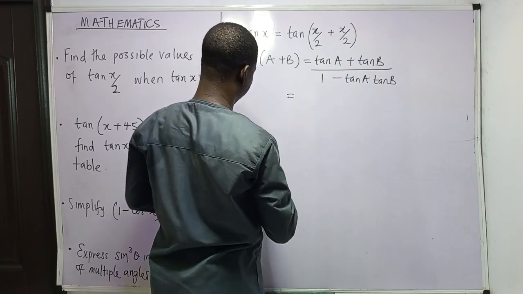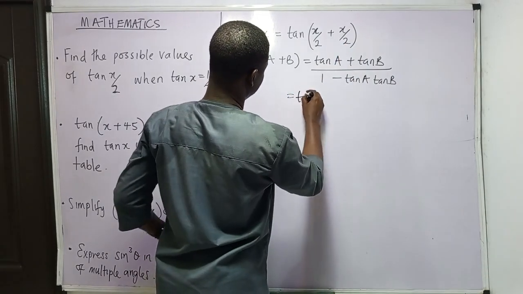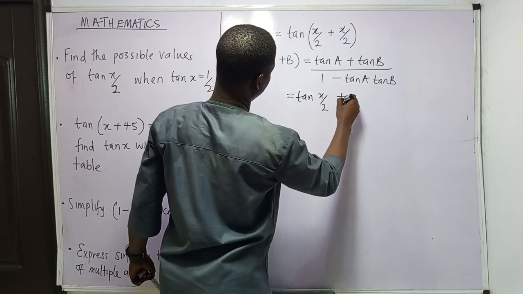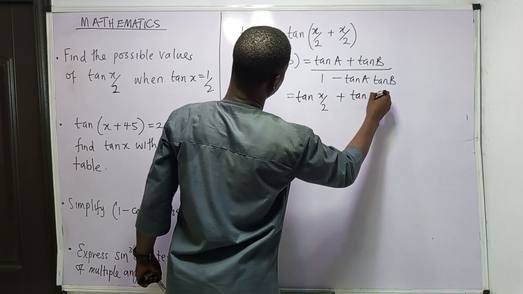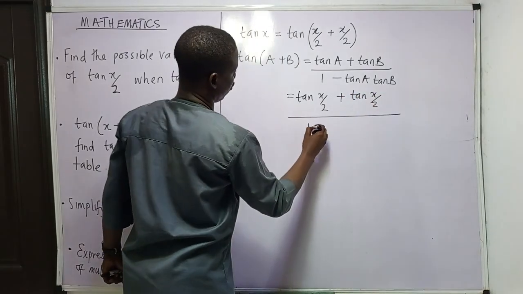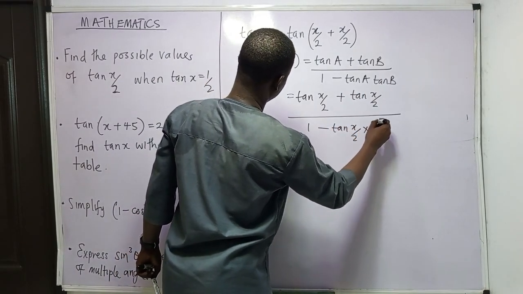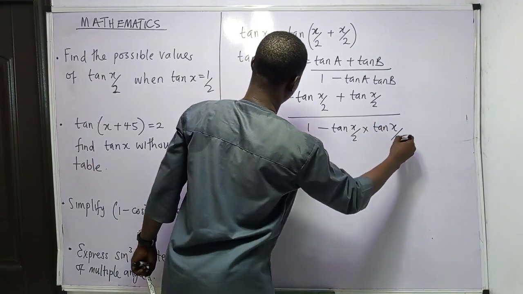We have tan x over 2, that is our a, plus tan x over 2, all divided by 1 minus tan x over 2 times tan x over 2.